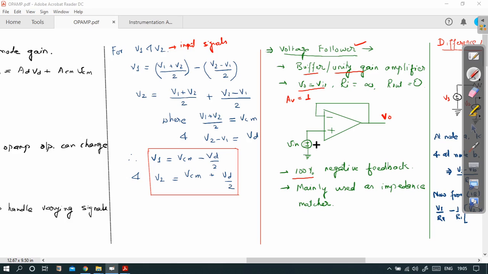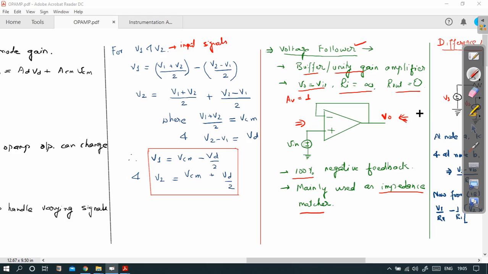So what is the use of this voltage follower? The main use of a voltage follower or buffer is in impedance matching, because the input impedance is different from the output impedance. The input impedance is infinite when you look from this side, and the output impedance is 0.